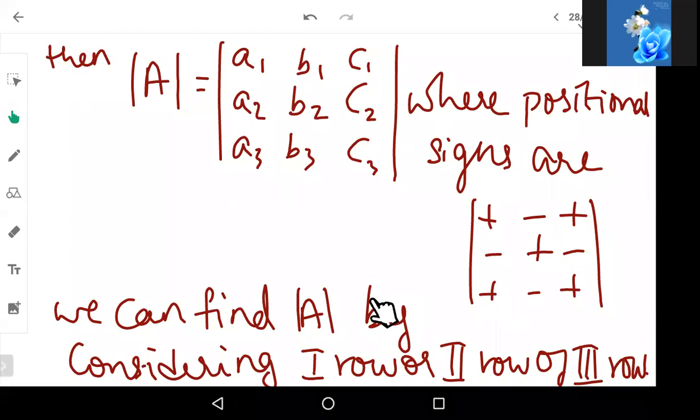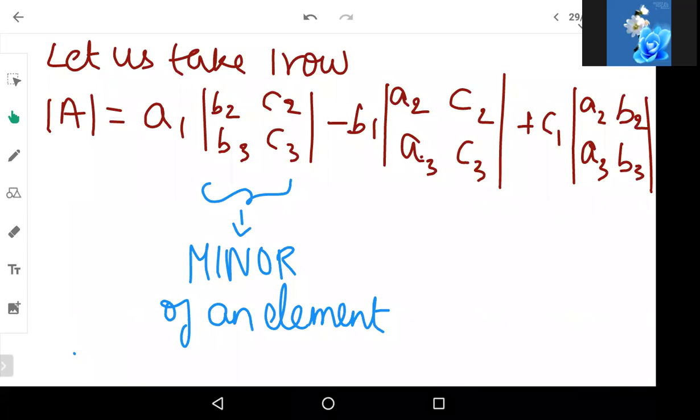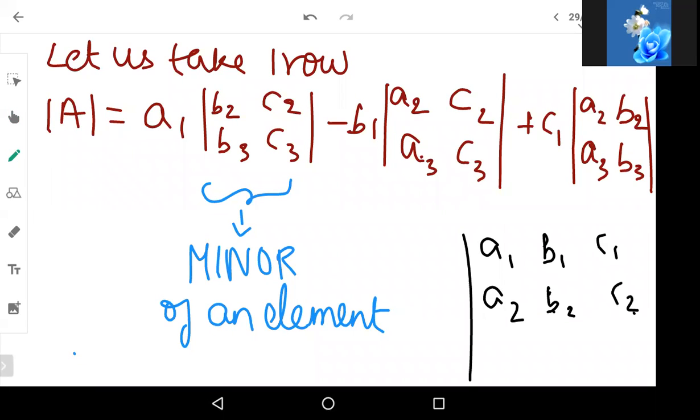Okay, so we can find the determinant of A by considering either the first row, or the second row, or the third row. Anything you can do. So let us see how it is to be solved. If you take the first row, let me rewrite that determinant here, which is A1, B1, C1, A2, B2, C2, A3, B3, C3.